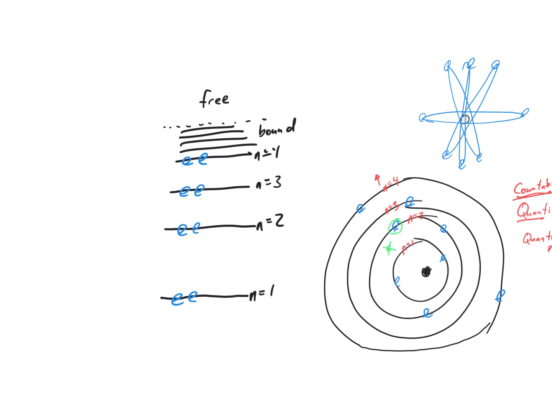Instead of units of joules, though, I'm going to use units of electron volts, because we're looking at a difference in electric potential, where a charge of an electron is going through a different potential provided by the nucleus. We have 0 eV at free, and I'm not going to do all those little lines in the middle, so I'm going to do -1 eV, -3 eV, -6 eV, and -13 eV.